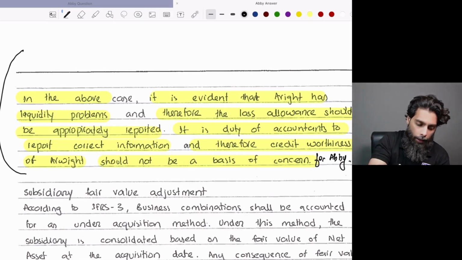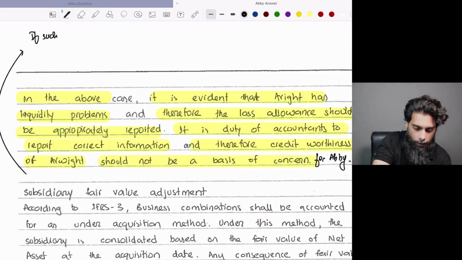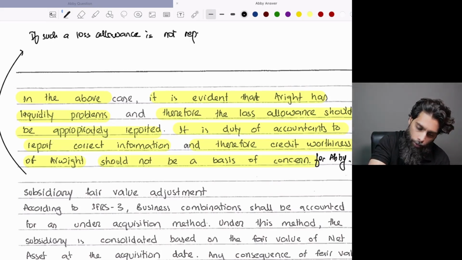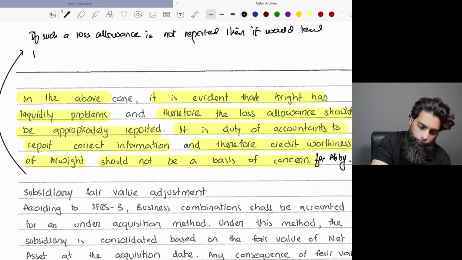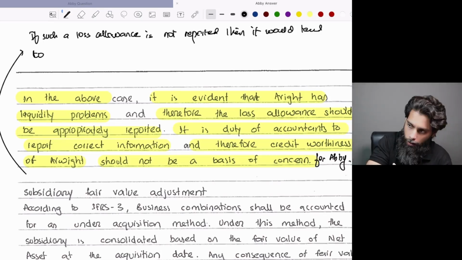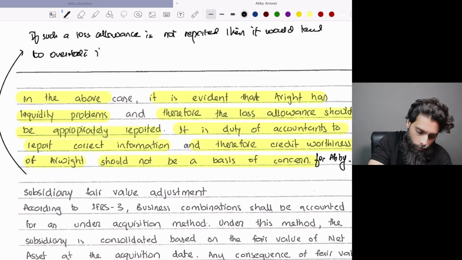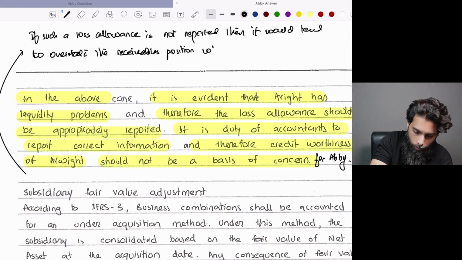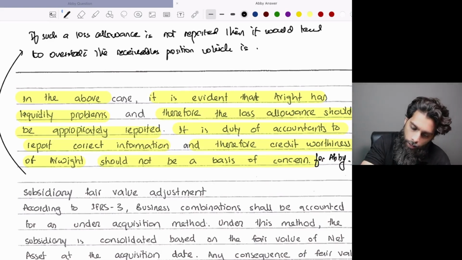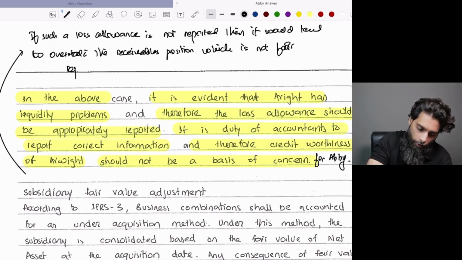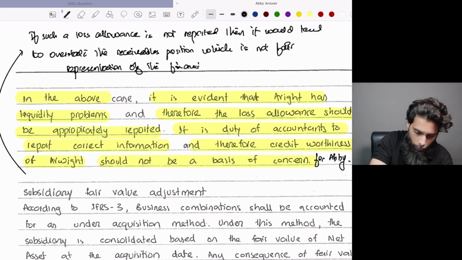Yeah. And furthermore, you can add something like this. If such a loss allowance is not reported, then it would tend to, you can say, overstate the receivables position, which is not a fair representation of the financial affairs of the business.